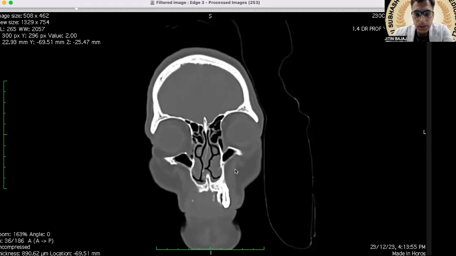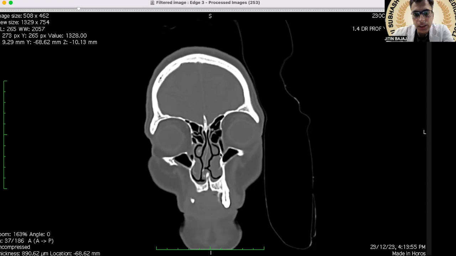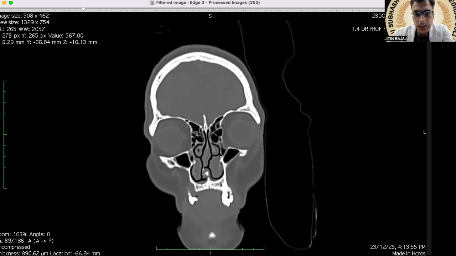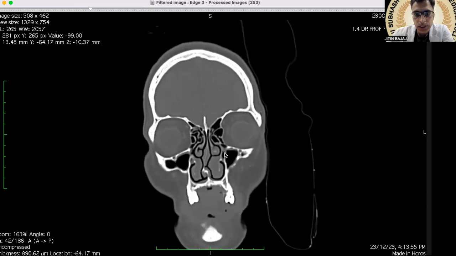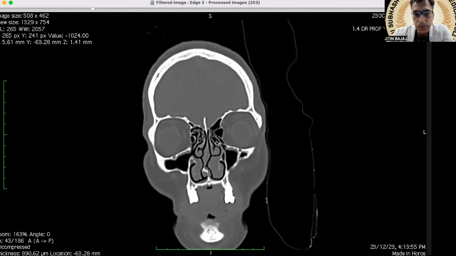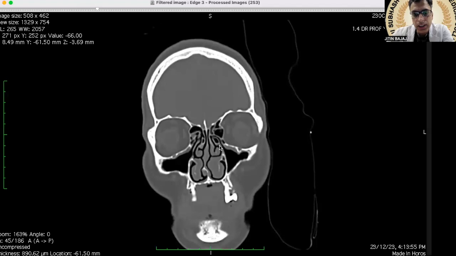In the lateral part of the middle turbinate, the free structure in the lateral wall of the nose is the uncinate process. There can be pneumatization of the uncinate process. As we trace the uncinate process from posterior to anterior, it goes up, and this guards the drainage of the maxillary sinus.